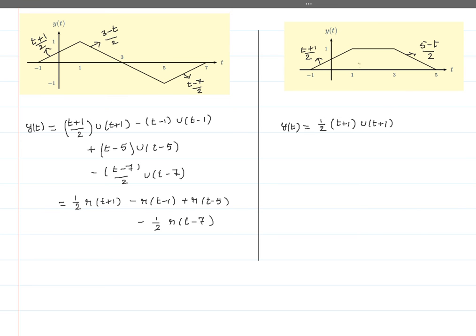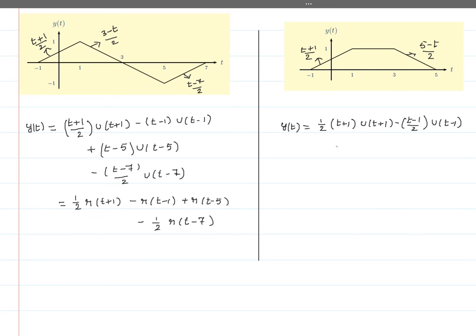At 1 the signal slope will become 0, and for this to happen we should add a signal with slope minus half at 1, and hence you will get minus of (t minus 1) by 2 into u of t minus 1.